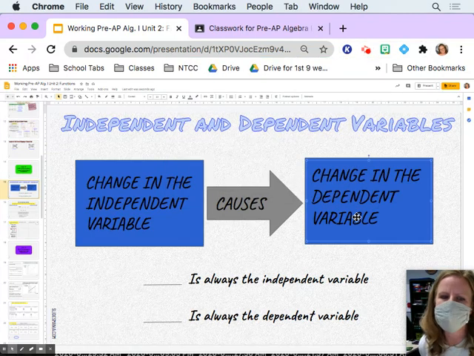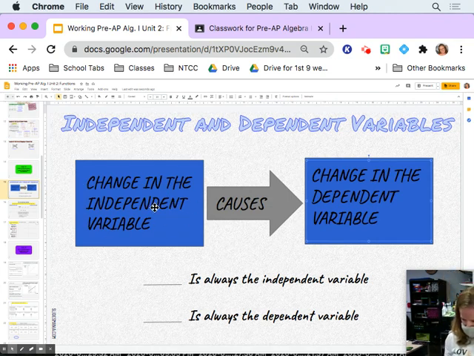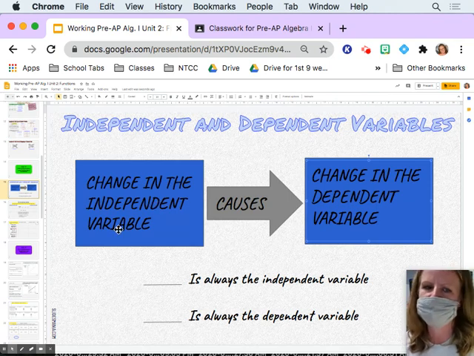Okay, so change in the independent causes change in the dependent. Independent, you get to decide what you want as your independent. And then whatever you do to the independent is going to cause some kind of change on the dependent.